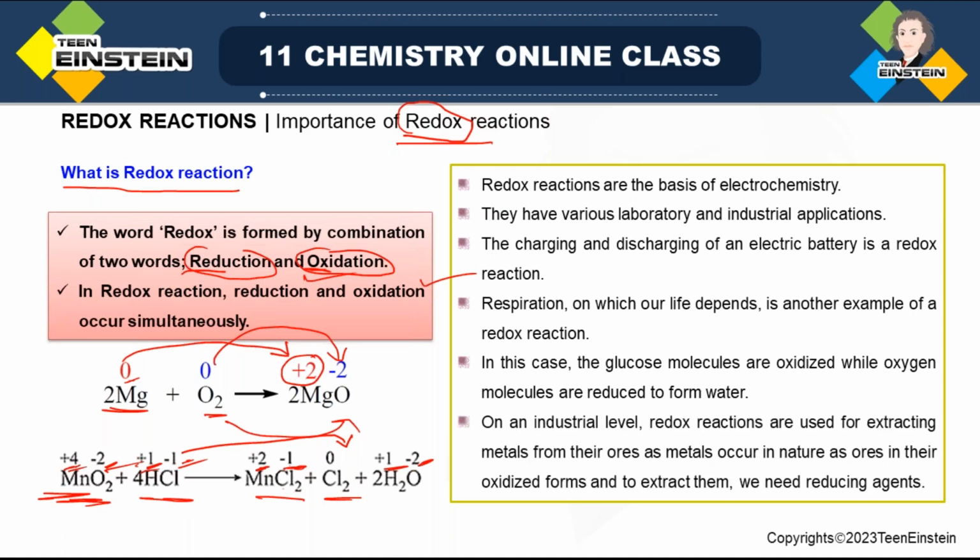At the industrial level, redox reactions are used for extracting metals from their ores. In ores, metals are present in different oxidation states. Suppose I am talking about iron, it is present in the +3 oxidation state in its ore. If we reduce it by application of a suitable reducing agent, then from the Fe3+ state, after gain of 3 electrons, it will be converted to the Fe0 state.